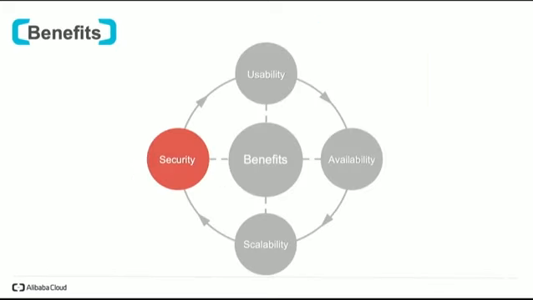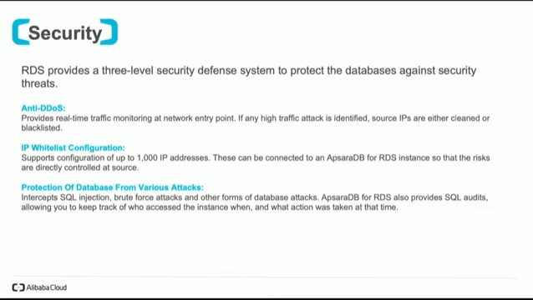Now, last, let's talk about security. Whenever we refer to a database, obviously security is one, or say it's not one of the, but the most important part. So RDS provides a 3-level security defense system. It supports anti-DDoS, which is built in by default.